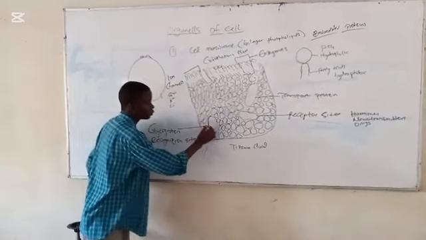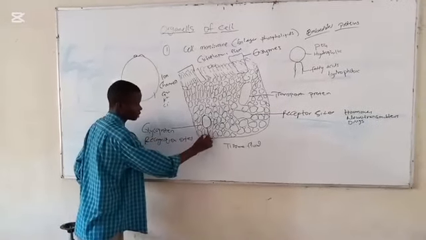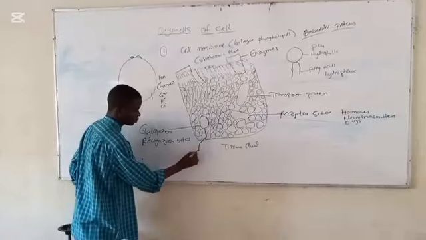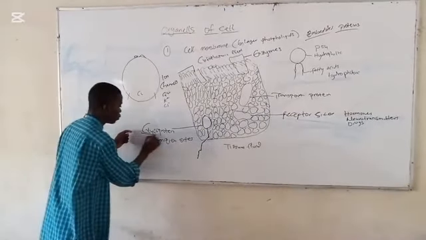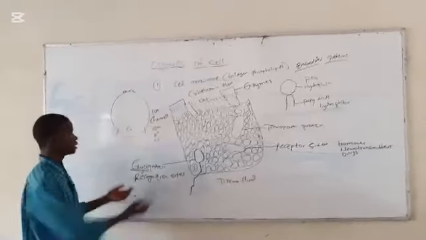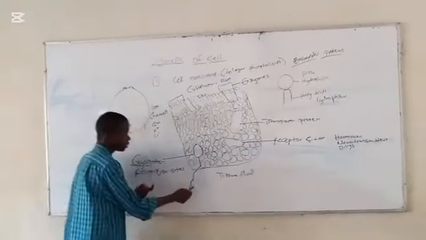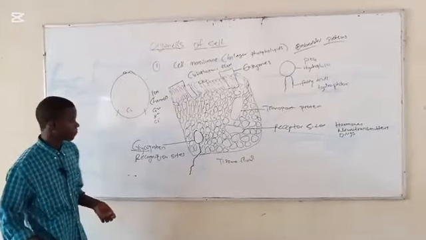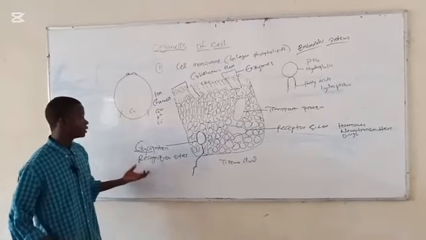Now this is the protein aspect of it, and as you can see, this is a sugar molecule, glyco referring to sugar, and protein to protein. So it is a combination of a protein and sugar. Now they are also called recognition sites.